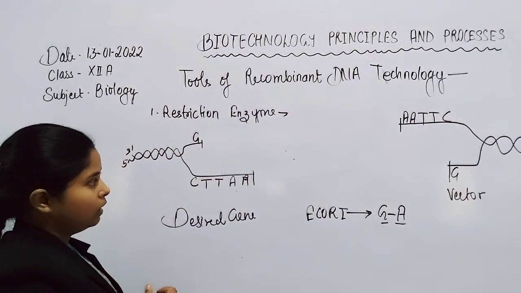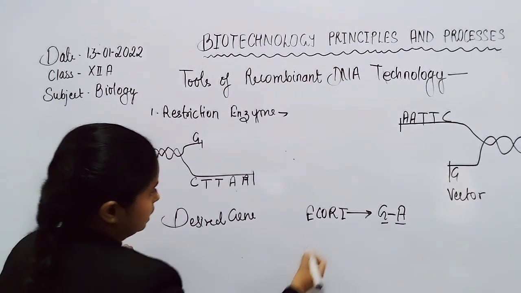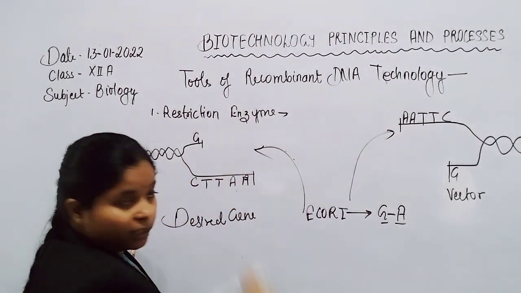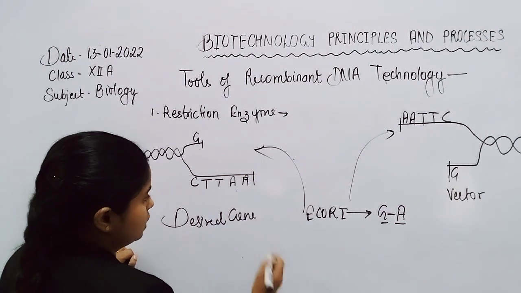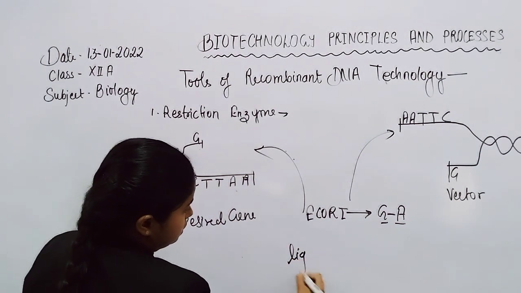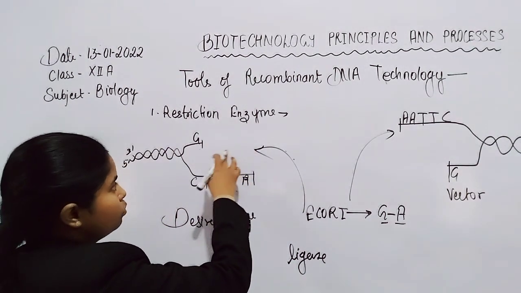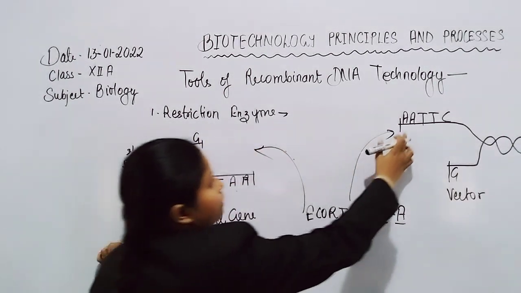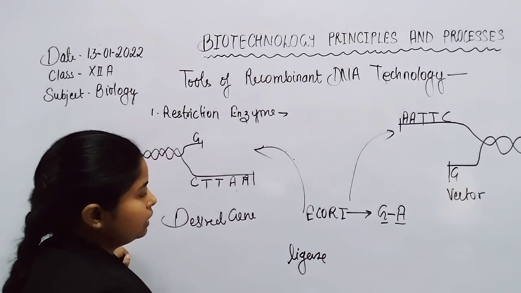Now it is completed again after the use of ligase enzyme. After the use of EcoRI, this happened with the sequence. Now comes the recovery by the ligation of ligase. The sequence which we have removed, AATTC, is completed by AATTC from the vector DNA.